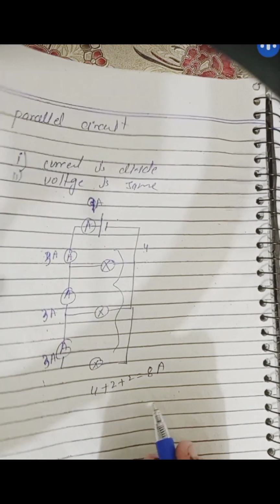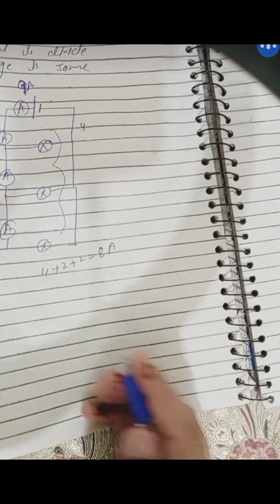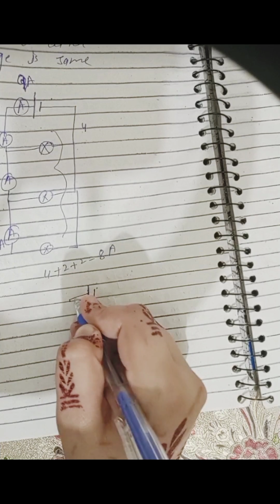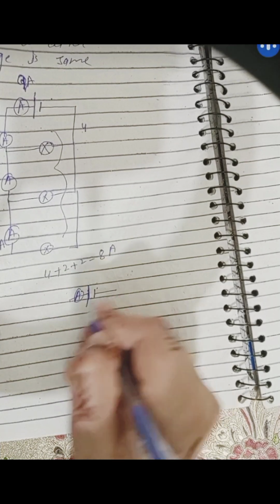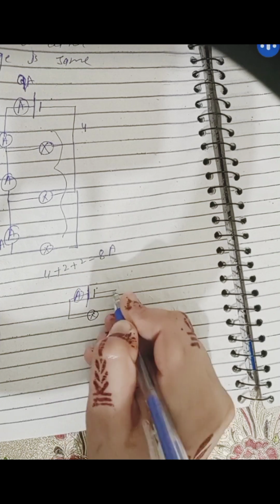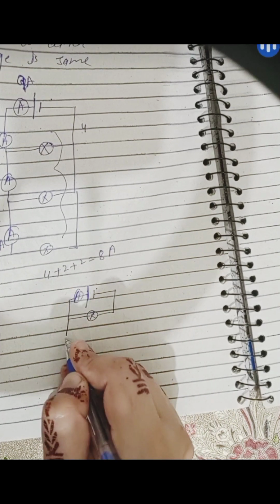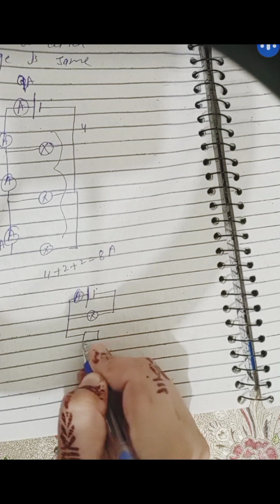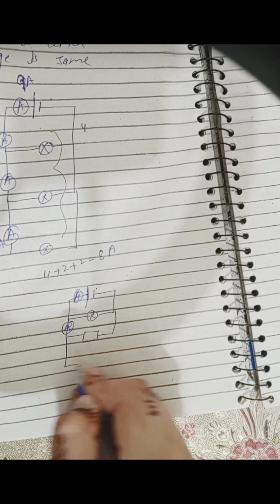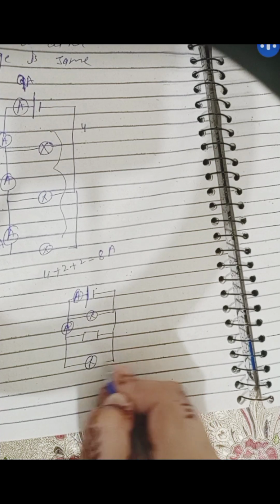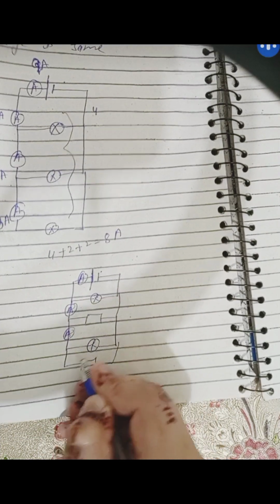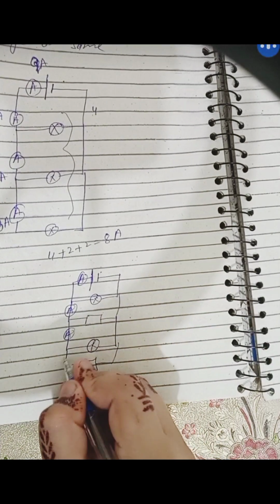What if we change the component form? Here is the ampere meter. If I put a lamp here, and now a resistor here, then the lamp again and the resistor again, in continuous loops, the branches.